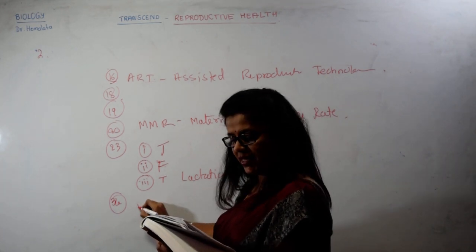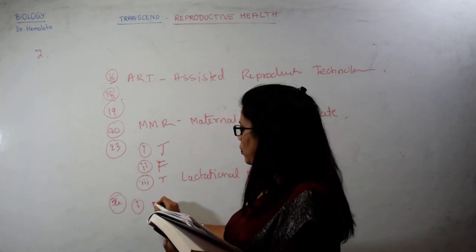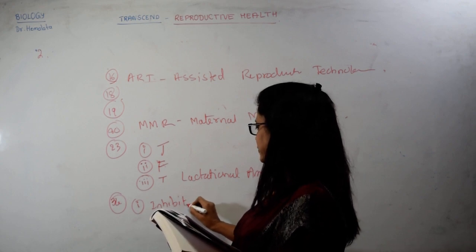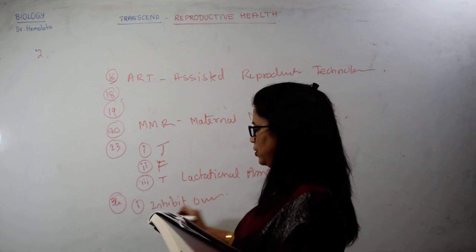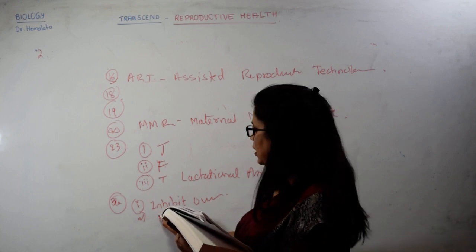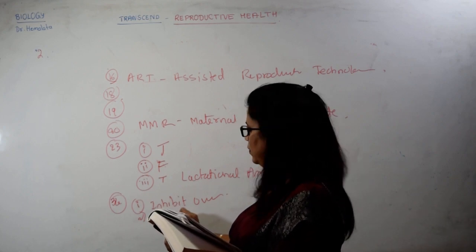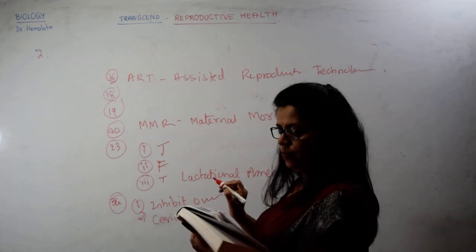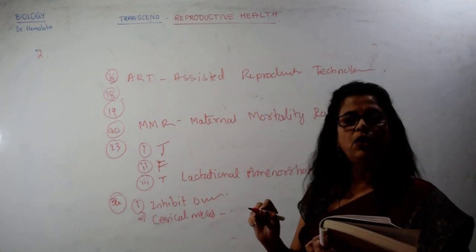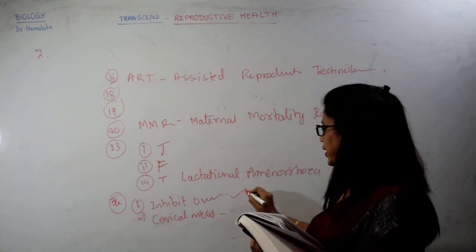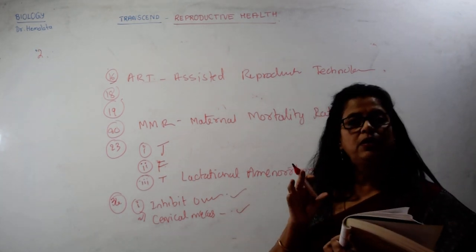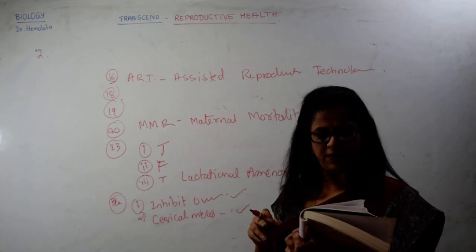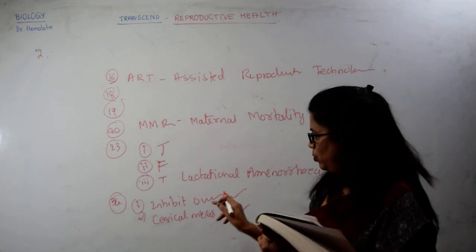So first option says that they inhibit ovulation, implantation, is right. Second says that they alter the cervical mucus so that they retard the entry of sperm. Both are right. They change the type of cervical mucus so that sperms will not survive in that area. Both of them are right.